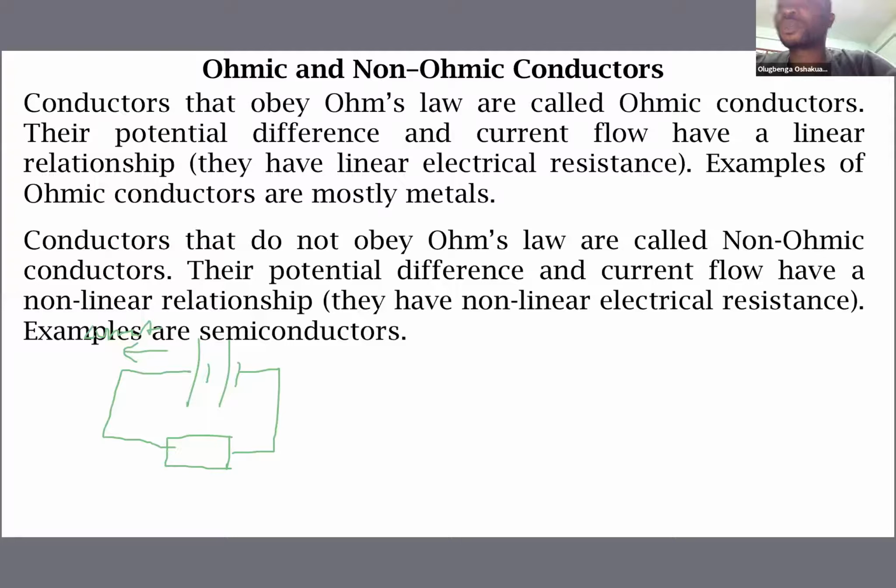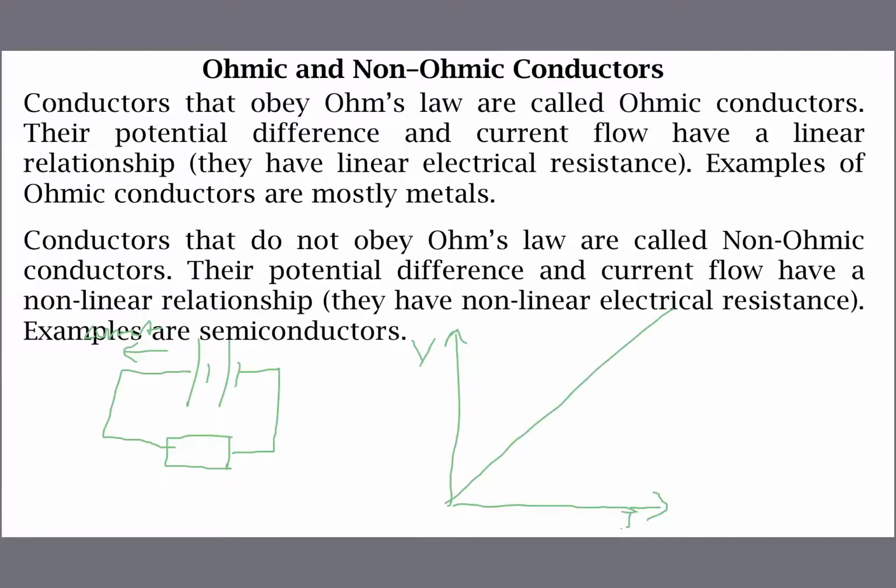Ohm's law is telling us that when we plot the voltage and the current, we should have a graph that looks like this. So if we have a material in which, as we increase the voltage, the current flow increases linearly, then we will say such material is an ohmic conductor because it obeys Ohm's law.